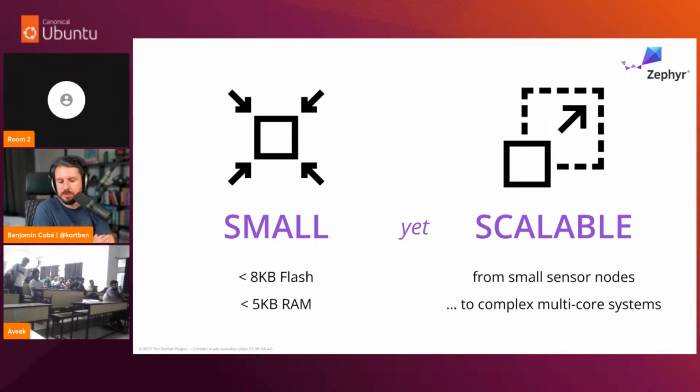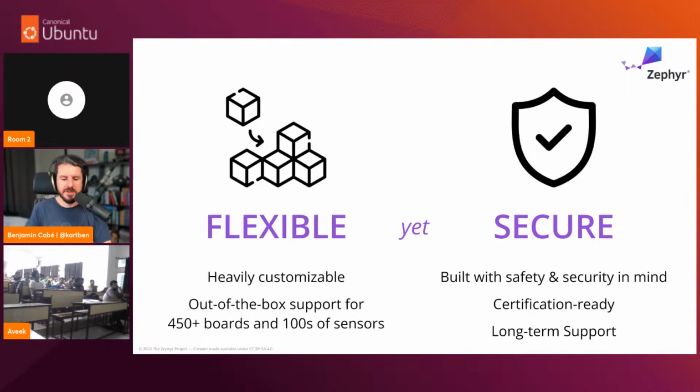And yet, however small it can get, you can also take it to much bigger systems, and you can compose bigger systems and bigger applications. You can use a multi-core approach for things that are more complex. You can deploy wireless sensor networks, and that's pretty much the beauty of Zephyr. It's meant to be really flexible.